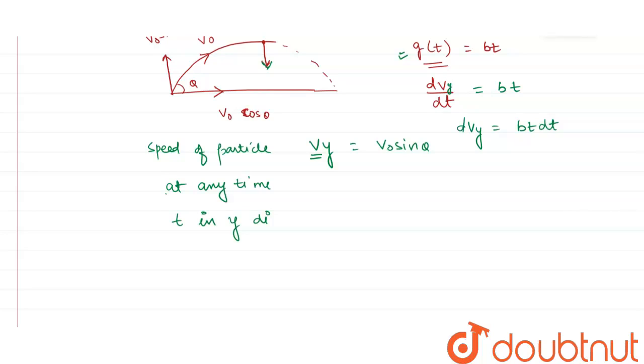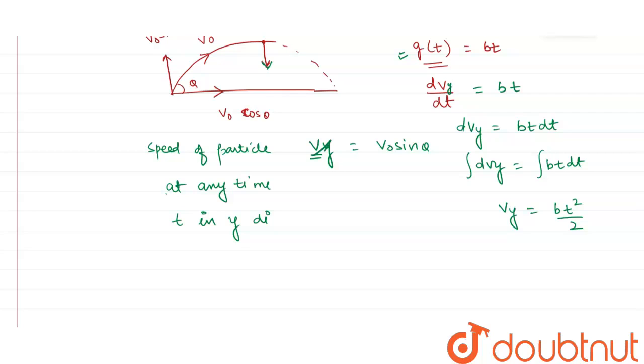If I integrate dvy and bt dt, the velocity in the vertically downward direction comes out to be bt square upon 2.